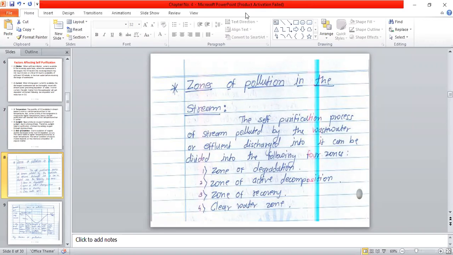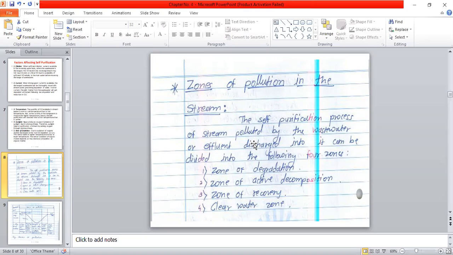That you saw recently in the video. So what kinds of zones are classified when you are depositing sewage at a particular spot into the stream? That you are going to see now.